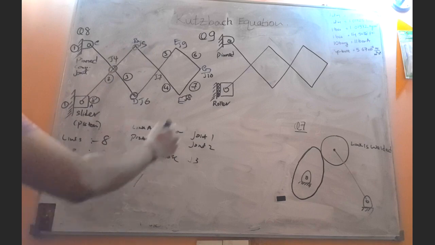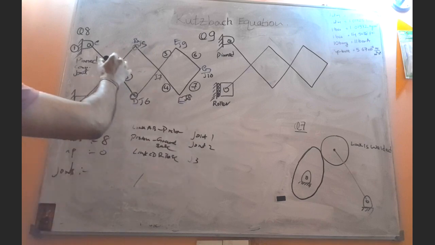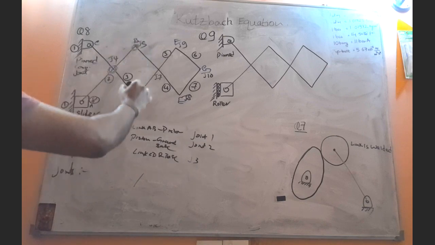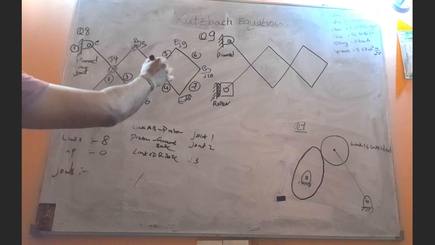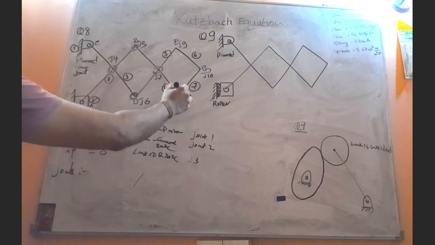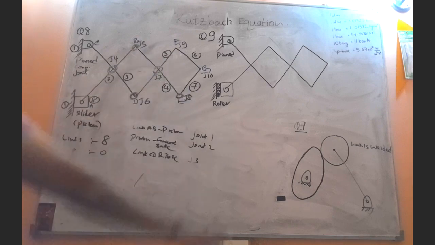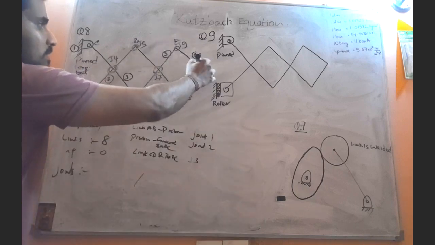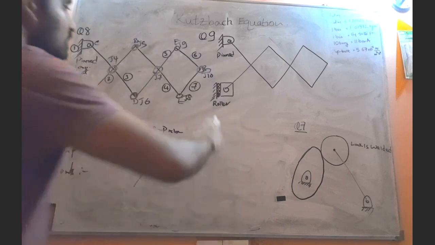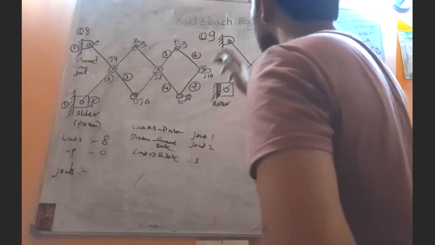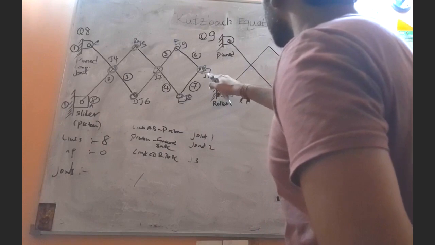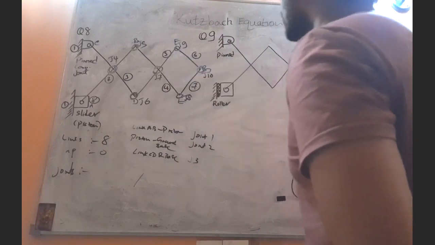That means the first 3 joints are clear. So this is joint number 4, joint number 5, joint number 6, joint number 7, joint number 8, and joint number 9, and joint number 10 here. What is joint number 10? It is the joint that connects the link EG with the link FG.